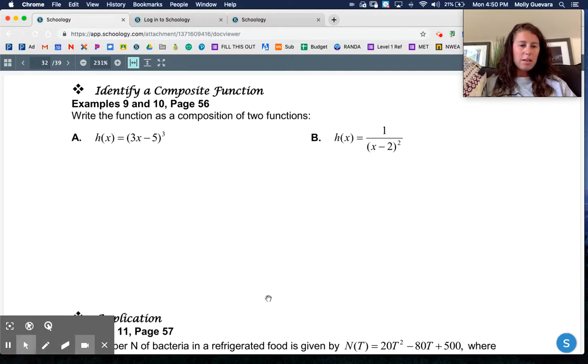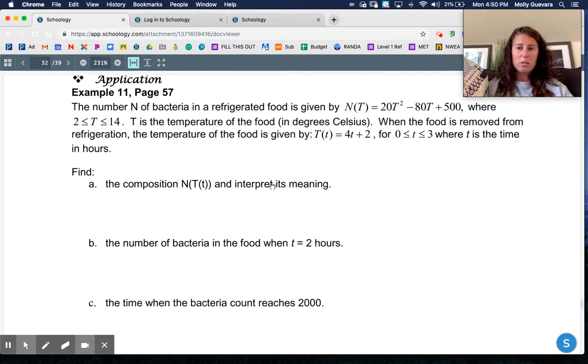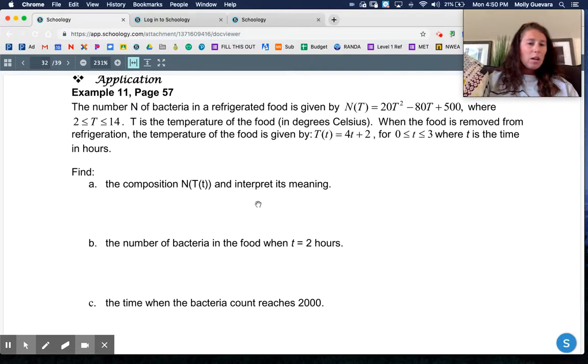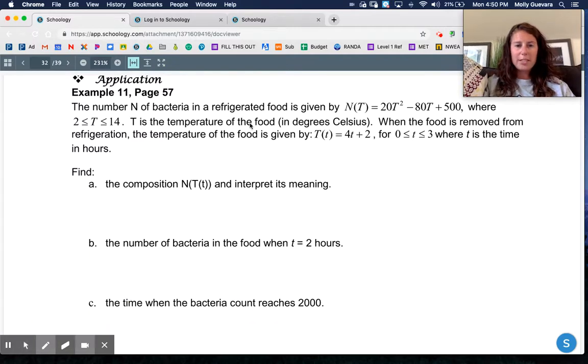And last but not least, we just have an application problem, like how do we use this in the real world? So let's read this problem and see what we can do with it. The number n of bacteria in a refrigerated food is given by this equation n of T, where T is between 2 and 14, because T is the temperature of food in Celsius.